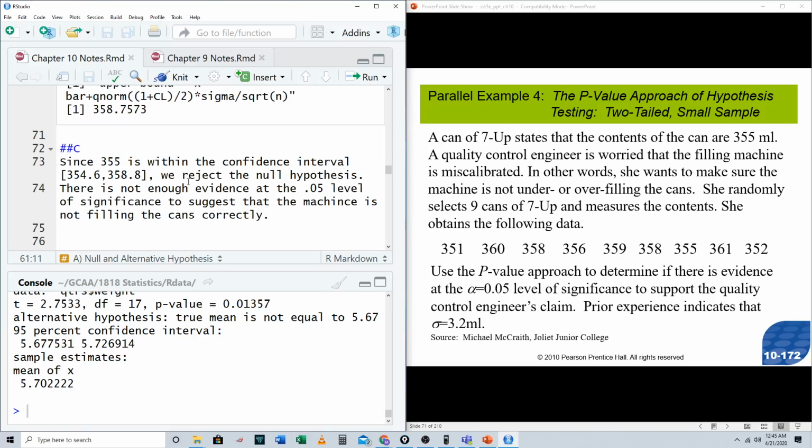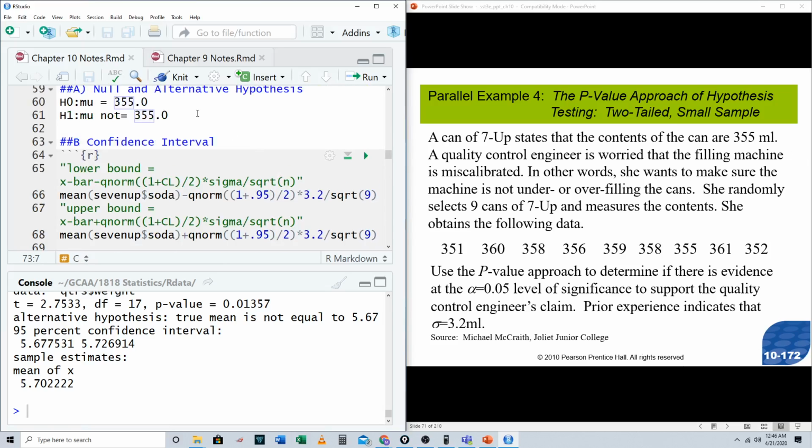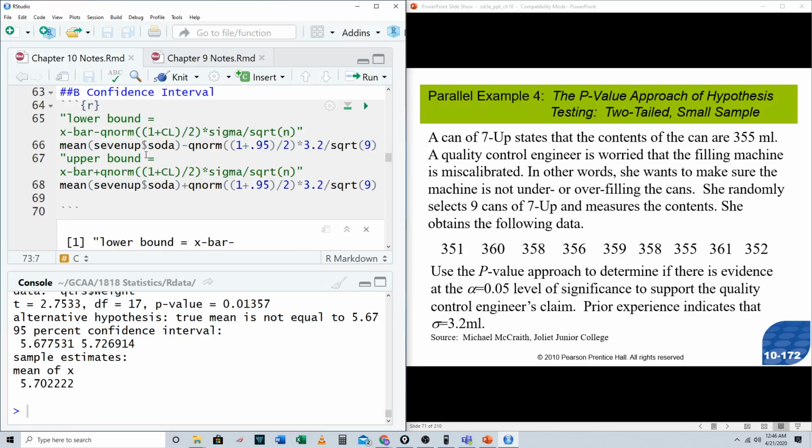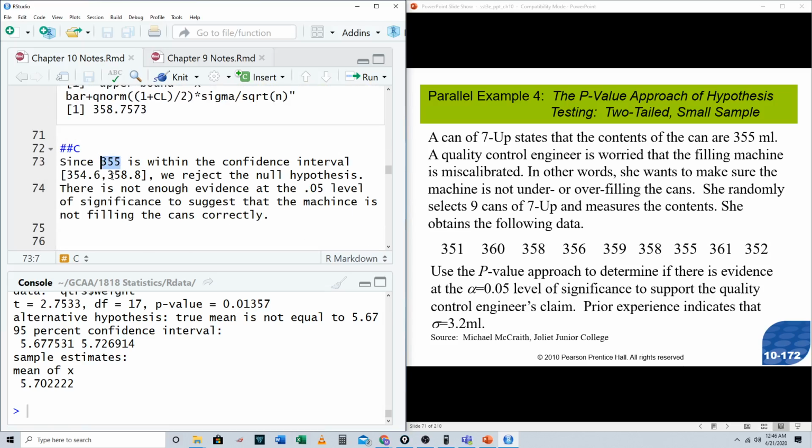There's not enough evidence at the 0.05 level to suggest the machine is not filling the cans correctly. So as long as the given mean, the test value we had at the very beginning, is inside the confidence interval, in between the two numbers, we fail to reject the null hypothesis, which means there's no evidence to support something's different.